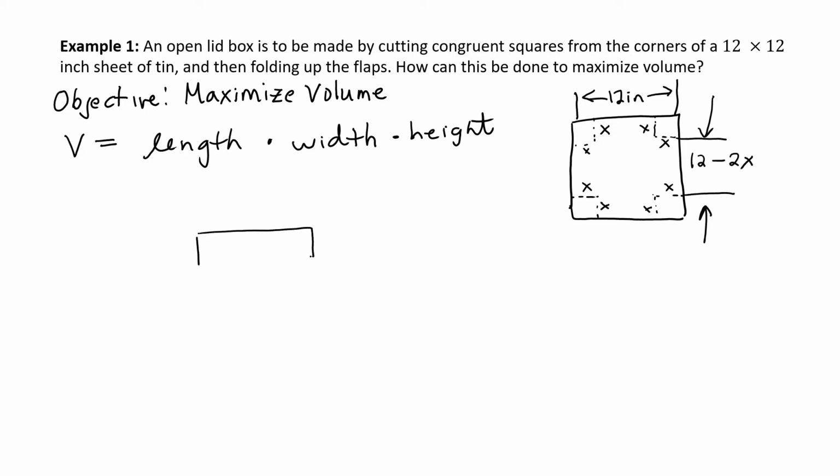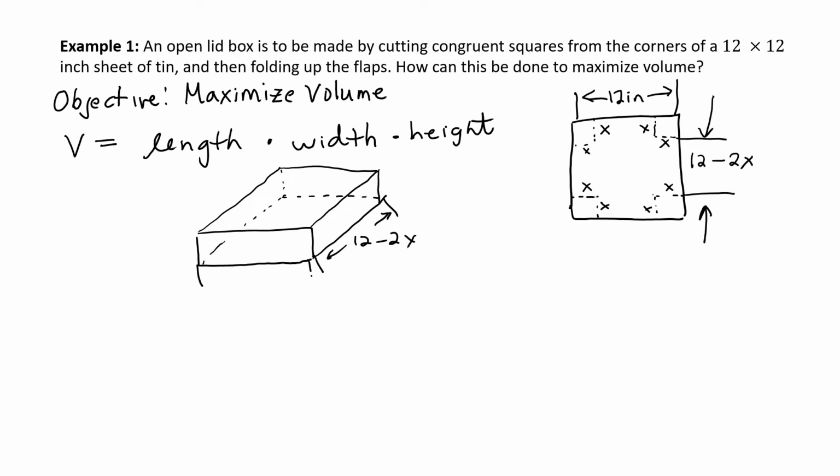So we would have a side. Pretend like they're the same length. The length of what looks longer, those would be 12 minus 2x on all 4 sides of the base because the base is a square. And the height would be the x.